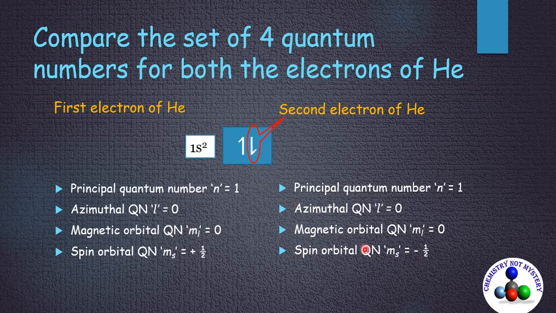When you compare quantum numbers of both the electrons, you will find that there are 3 quantum numbers that have similar values for both the electrons. Because both the electrons share the same orbit, same subshell and same orbital, but they have different spins, so have a different value of spin quantum number.